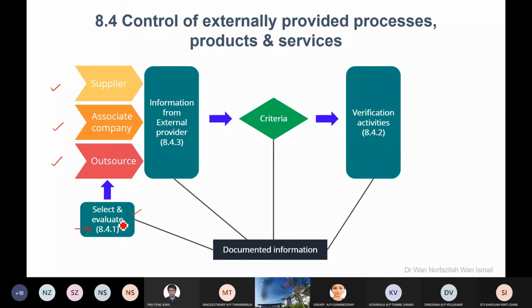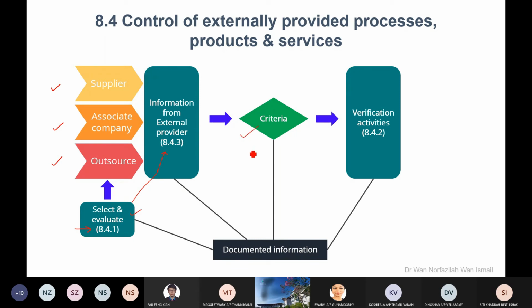So how to select and evaluate? You need to get the information from the external provider, at a minimum 3 suppliers, 3 associate companies or 3 different outsources. Get their information, and then during the evaluation, list down the criteria that you want.